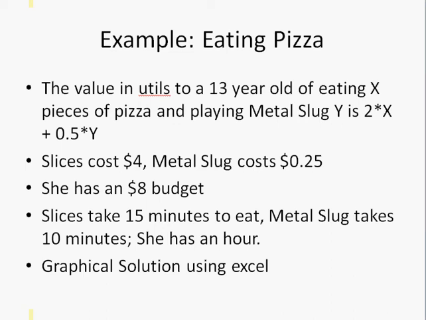Naturally, there are a couple of constraints on the things she can do with her free time and money. She's only got so many hours at the arcade, and she only has so much money. There's a natural trade-off between the two things. If she eats pizza constantly, she will run out of money quickly. If she plays Metal Slug constantly, she'll run out of time quickly.